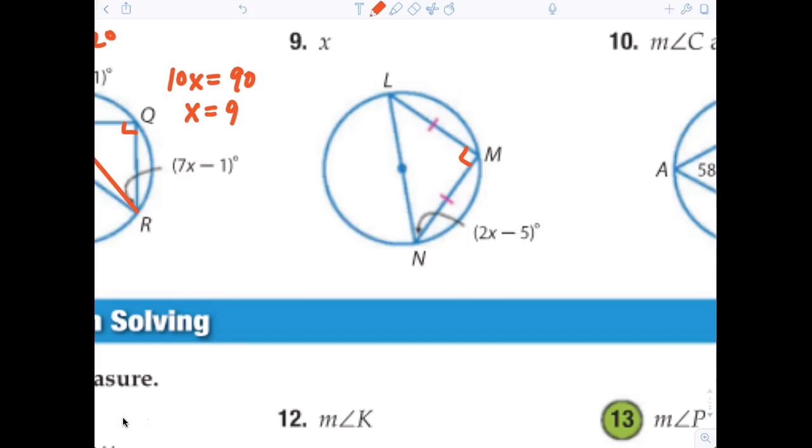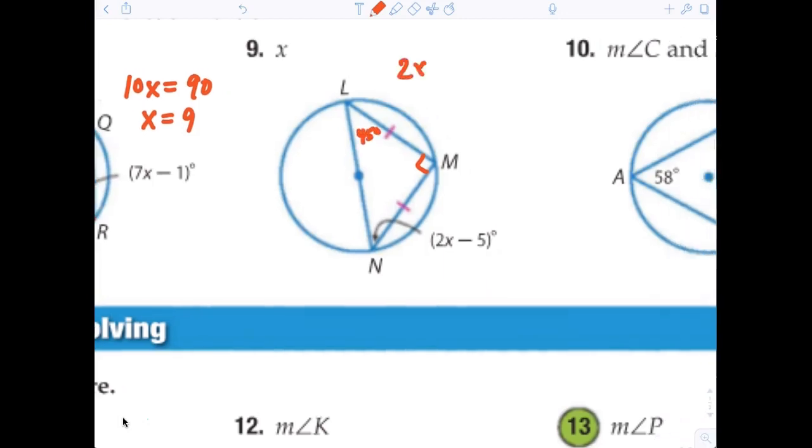Now we know that both angles are 45 degrees. So we can say 2x minus 5 equals 45. So x is equal to what? 25. X is equal to 25. Everybody good with that? All right, let's check out number 10.